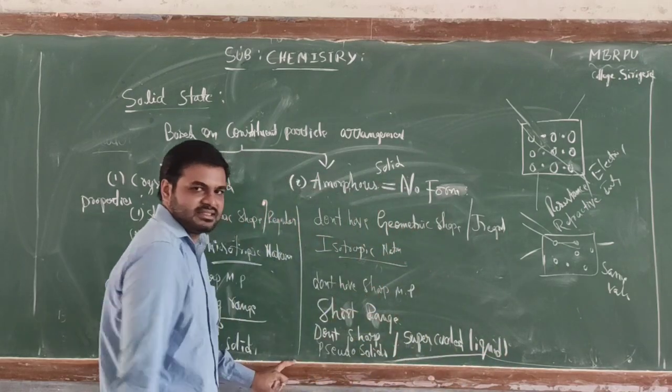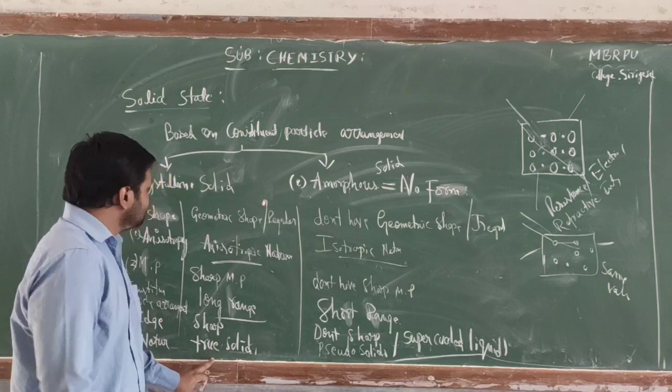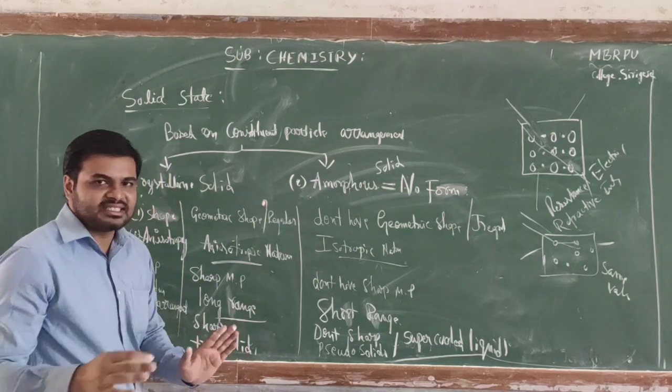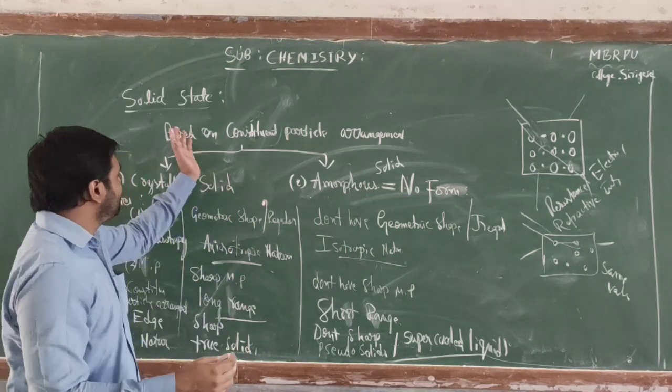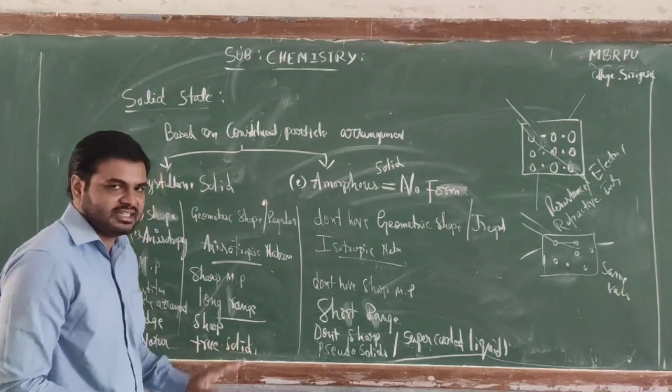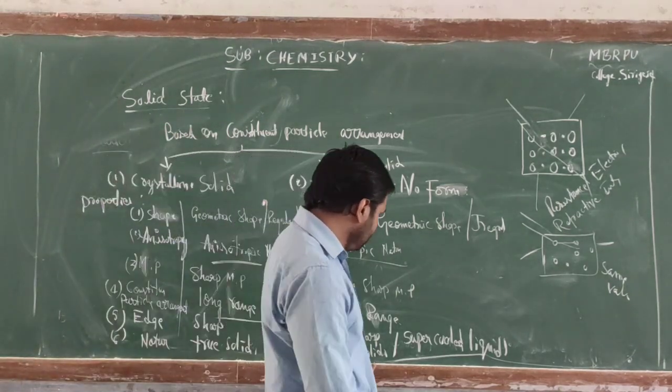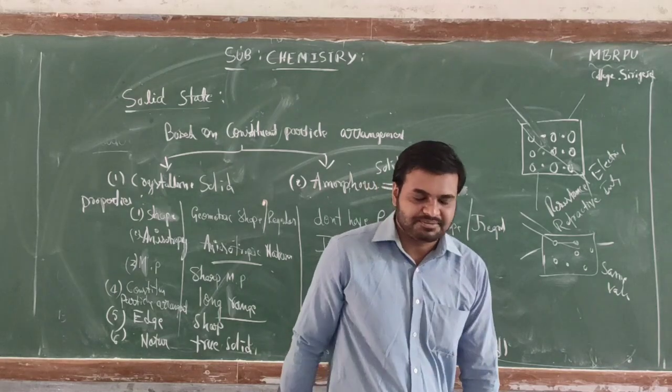What is this? In the case of nature, crystalline solids have characteristics completely equal to a solid. This is called true solids. Then pseudo-solids are supercooled solids.